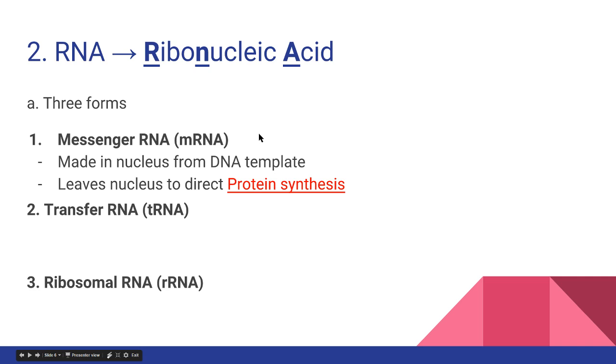The other 2 are transfer RNA and ribosomal RNA, which we will also get into when we start talking about translation. mRNA is the key component for transcription, while these 2 are key components for translation.